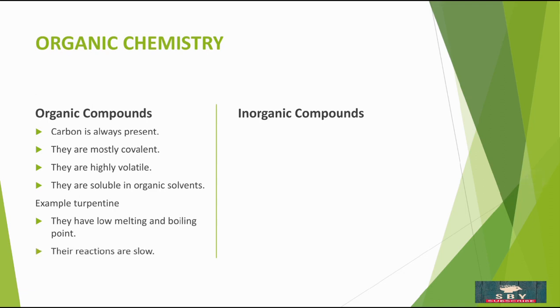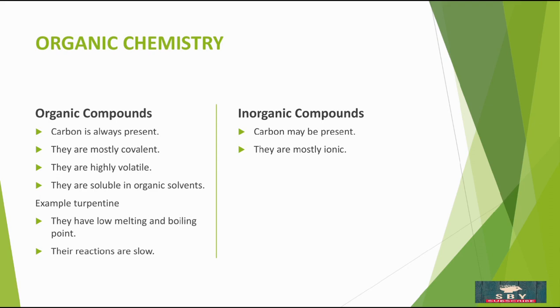So let's look at the contrast in inorganic compounds. Carbon may be present, as I mentioned earlier, but it is not an organic compound. And I said these compounds are not covalently bonded, so they are ionically bonded. Ionic bonding refers to the complete transfer of electrons, and then covalent bonding refers to sharing of electrons.